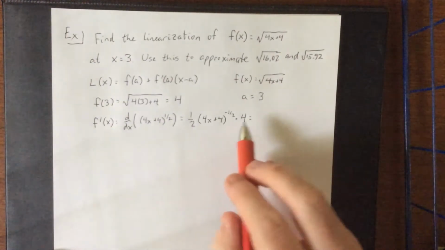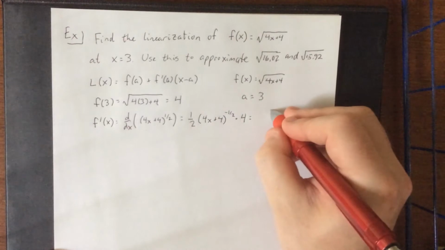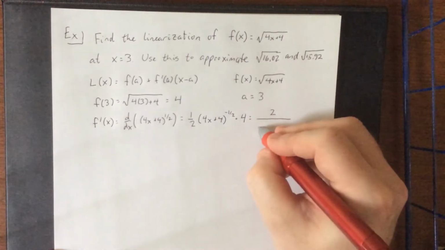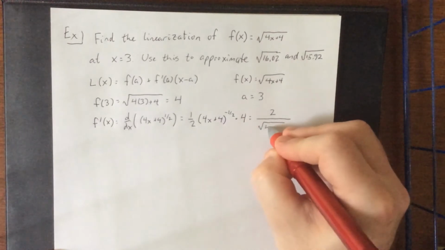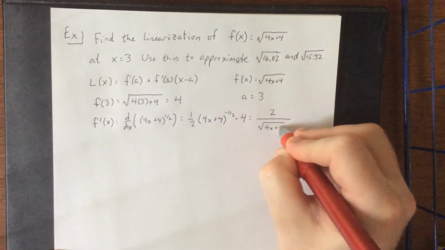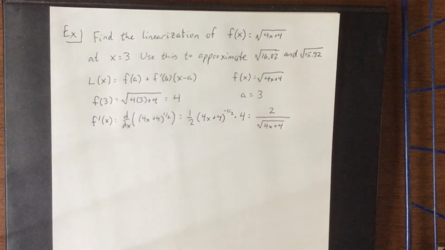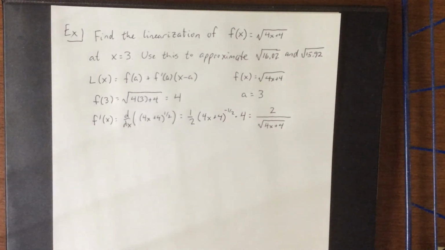If we simplify the 4 times the half, we will get 2. The negative 1/2 power, negative means in the denominator. 1/2 power means under a square root. So that'll be 2 over the square root of 4x plus 4.